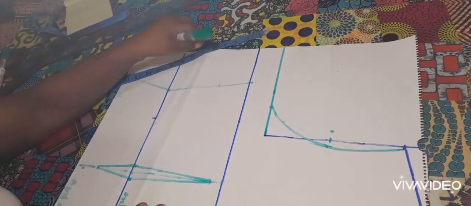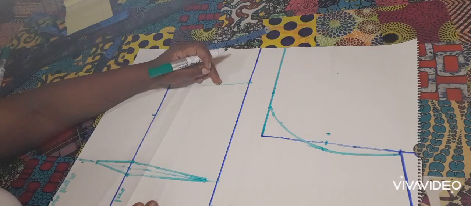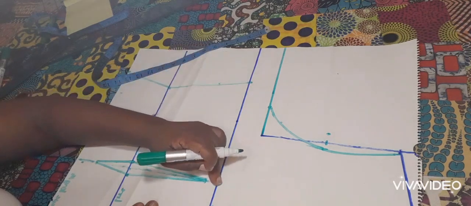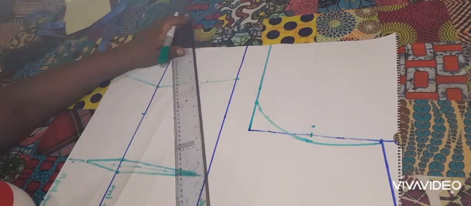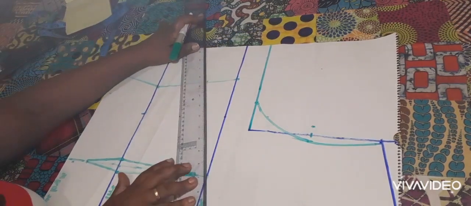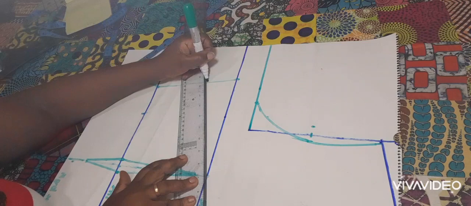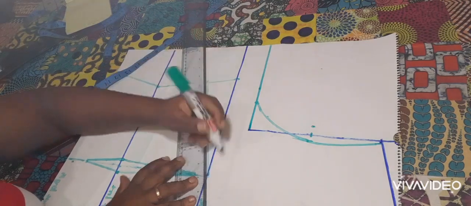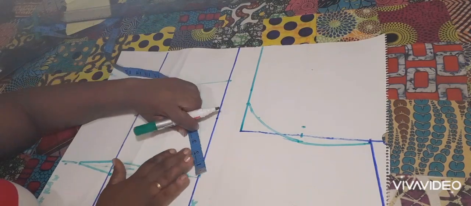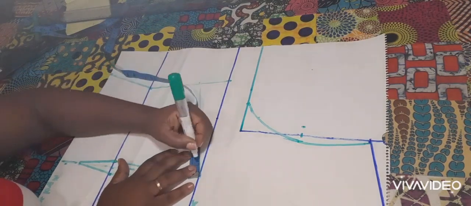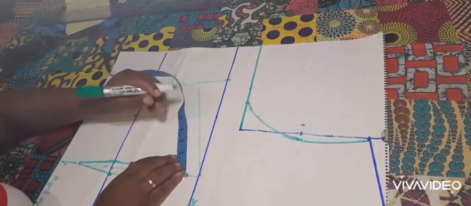From this 4.5, we're going to draw a straight line up to the apex. That's the bust point, which is the nipple point. We come out by 1 inch and mark it here. This is where we're going to be joining.